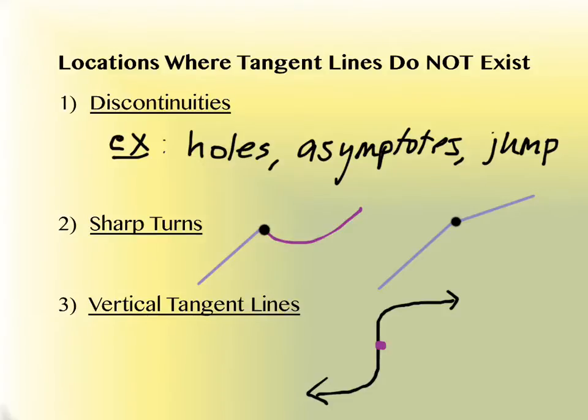But the problem is, what happens when you talk about slopes of vertical lines? Do you remember? They're undefined. You might have heard the language used that it has no slope, which is terrible language. It has undefined slope because it is a vertical line.